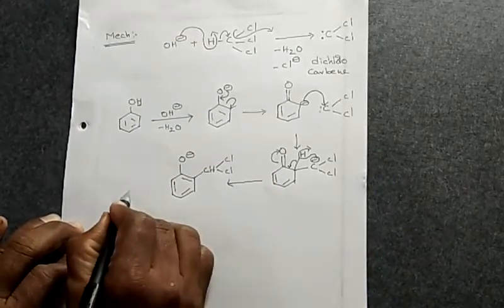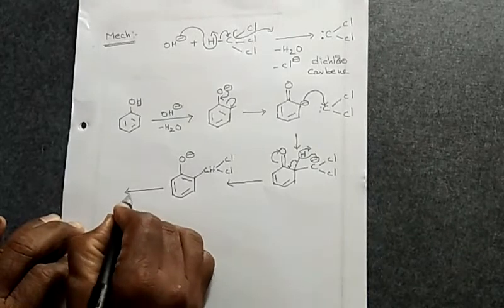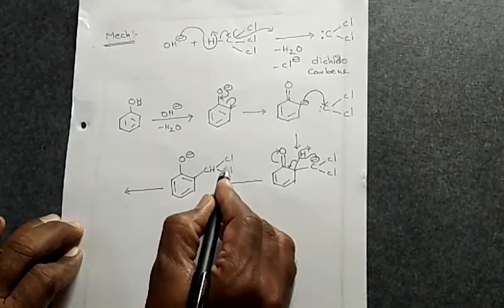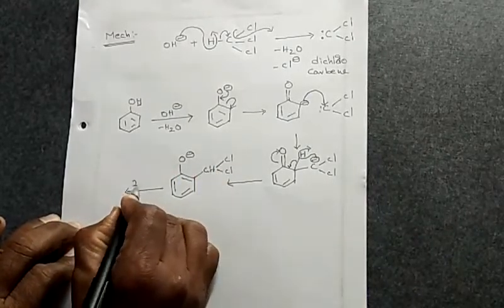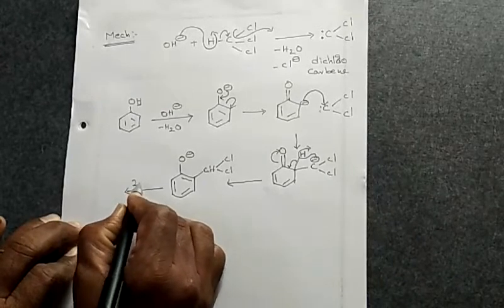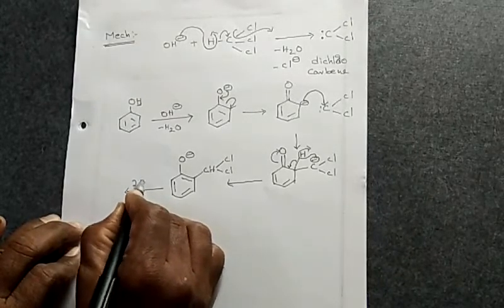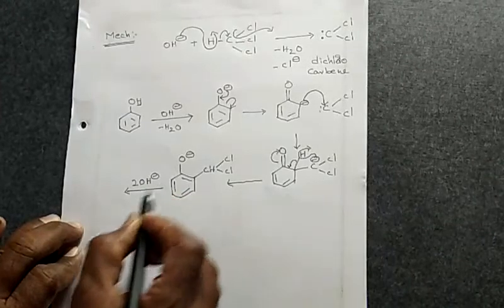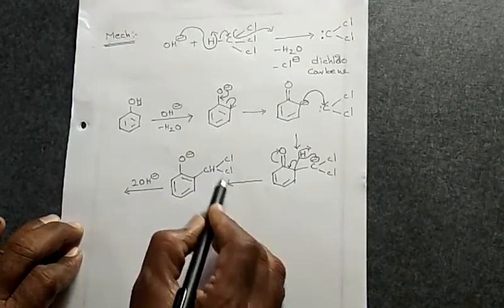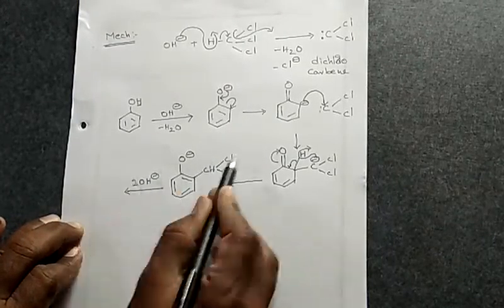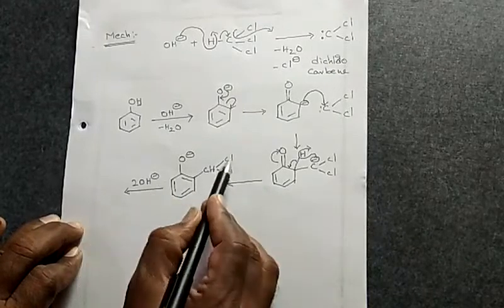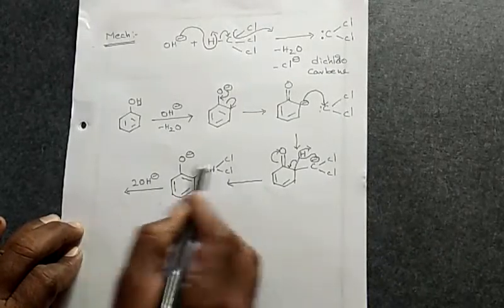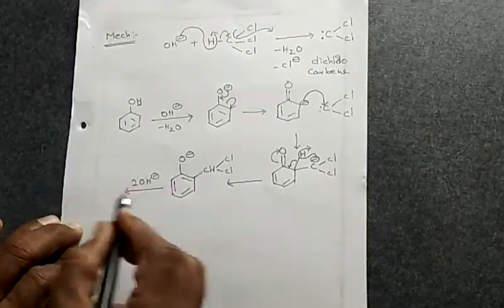Now what happens? Because there are two Cls present here, if we take 2 moles of base, say 2 moles of NaOH or simply 2 moles of OH minus, now what happens? A simple nucleophilic substitution takes place. I am explaining it directly. That means in the place of these 2 chloride ions, 2 OH minus groups get substituted.